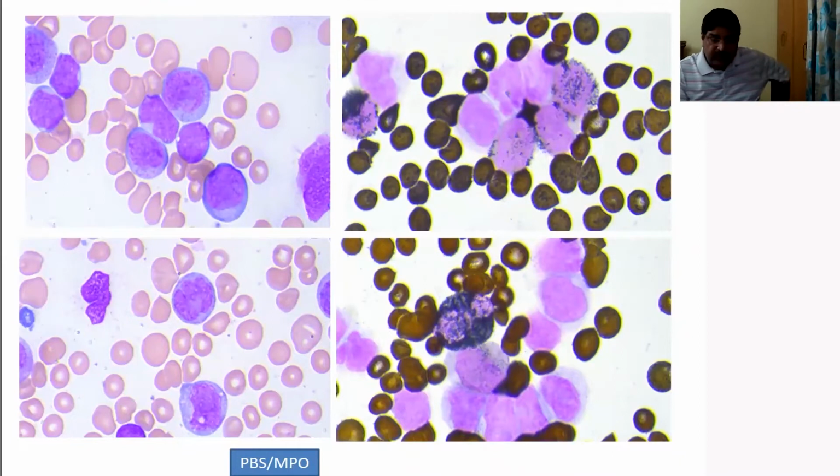Okay, so the APML promyelocytes are CD34 negative, CD117 positive, and HLA-DR negative. I told it possibly the reverse, 34 positive and 117 negative. No, it is 117 positive, 34 negative, HLA-DR negative. Next.